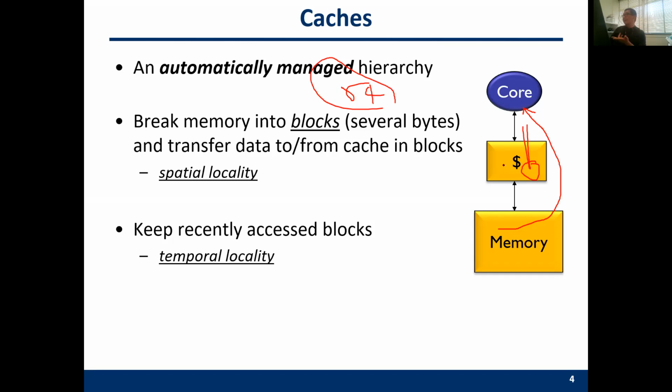We have another type of locality, which is the spatial locality. The spatial locality means in this cycle I need block n. It's very likely I need block n plus 1 in the same cycle or in the next cycle. This is so-called spatial locality.